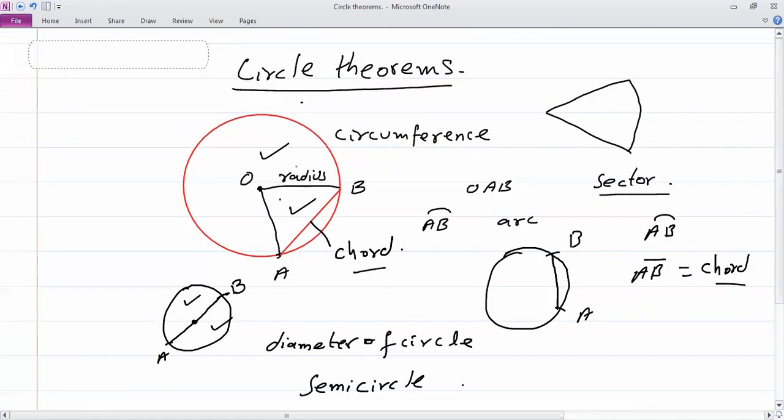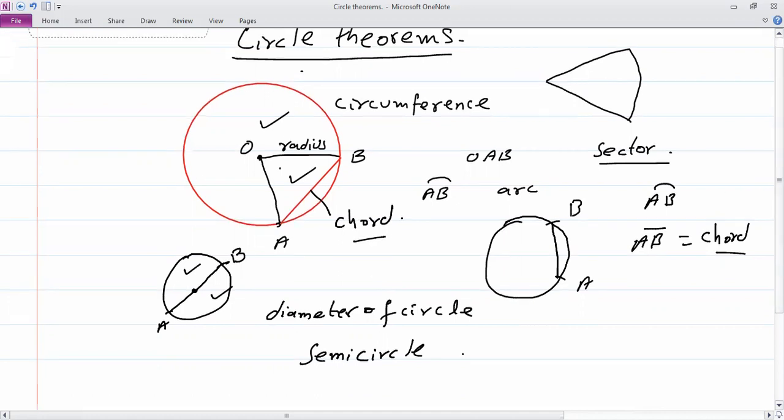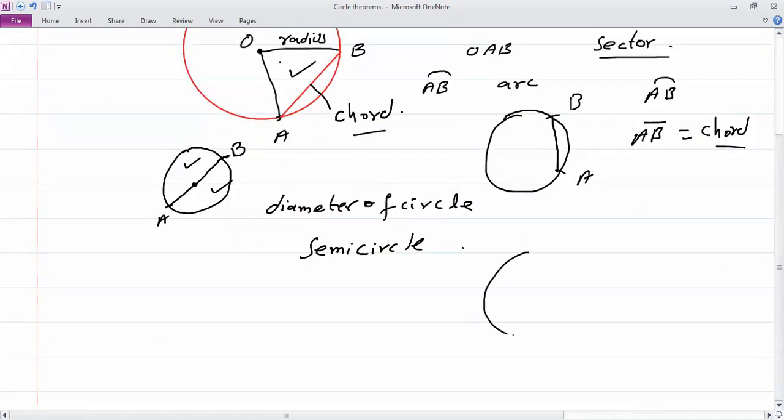Once again, a radius is the length of the line from the center to any point of the circle. The plural of radius is radii. Let's say this is a circle and it has many radii, starting from the center, this is a radius, this is a radius, let's say this is R1, R2.